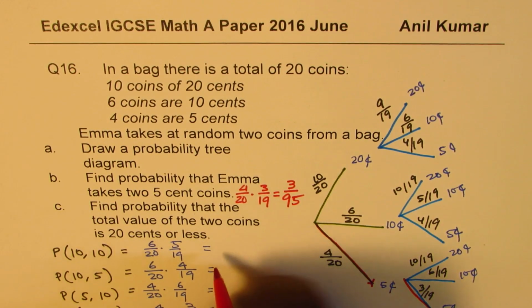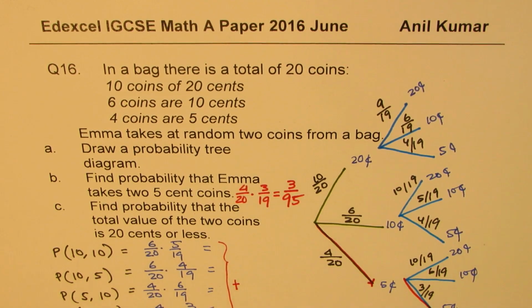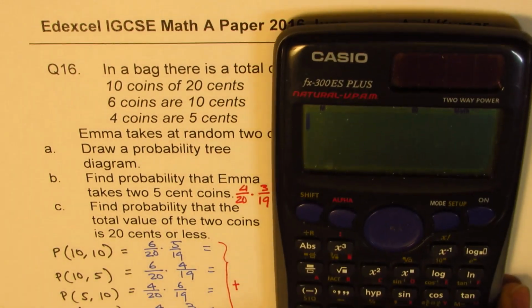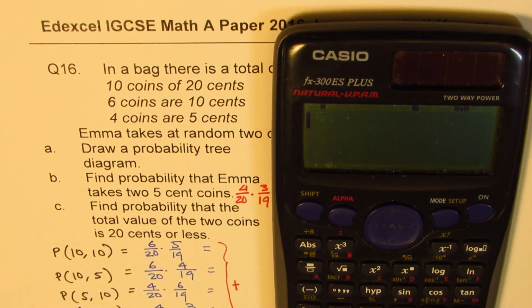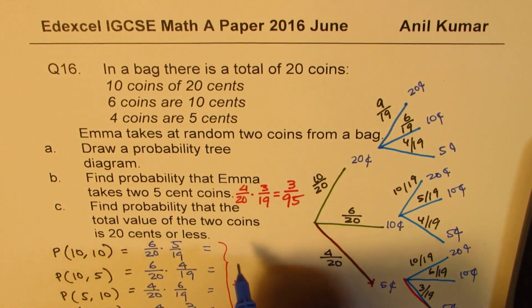So when you add them all, what do you get? Let's use the calculator. We'll just add all the numerators and divide by 20 times 19.